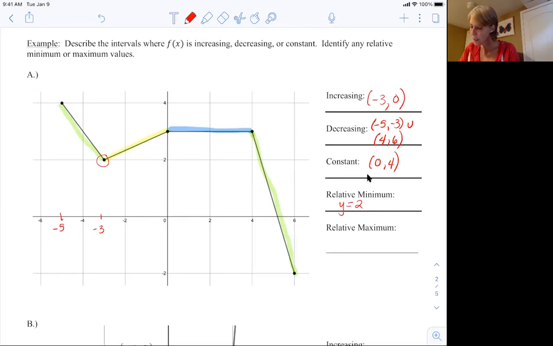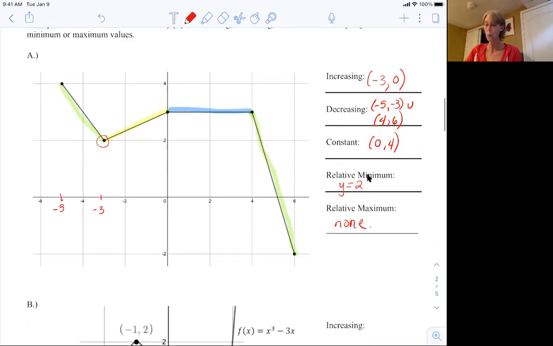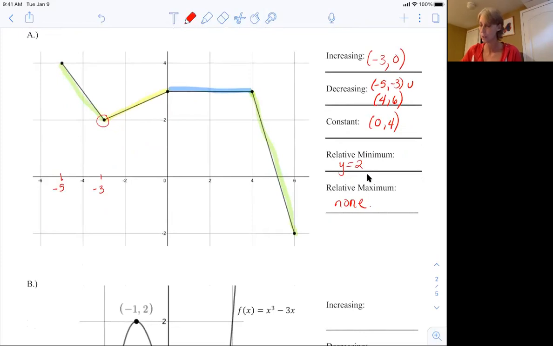in this case, I actually don't have a maximum value because I don't go from increasing to decreasing anywhere on the graph. So there is no maximum value. We do not include endpoints.